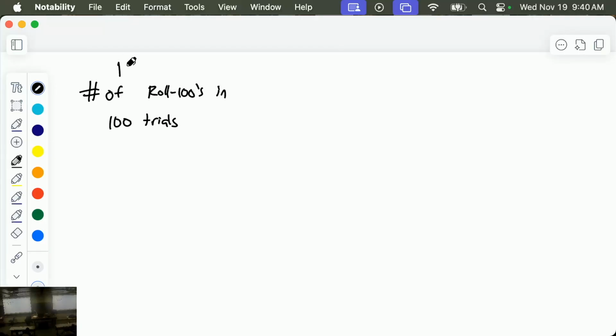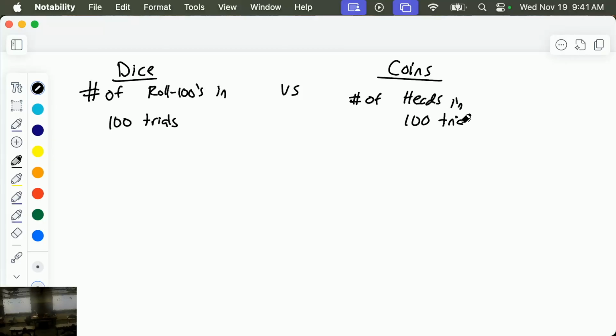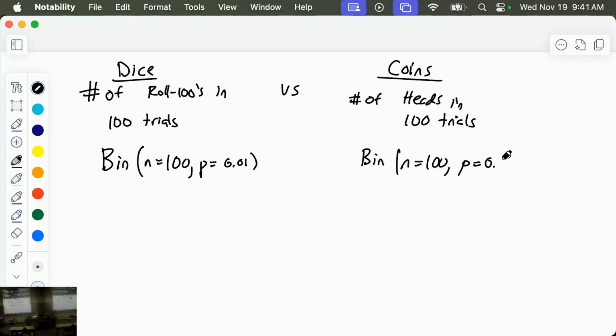This is the dice situation versus the coins situation, the number of heads in 100 trials. And both of them are binomial. This one is binomial with n equals 100 and p equals 0.01. And this one is binomial with n equals 100 and p equals 0.5.